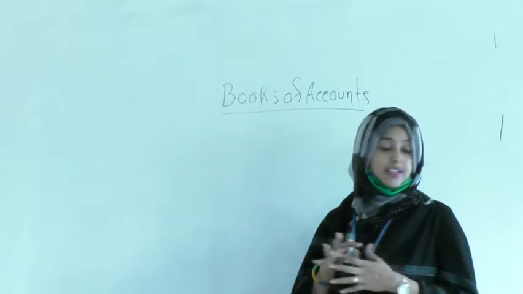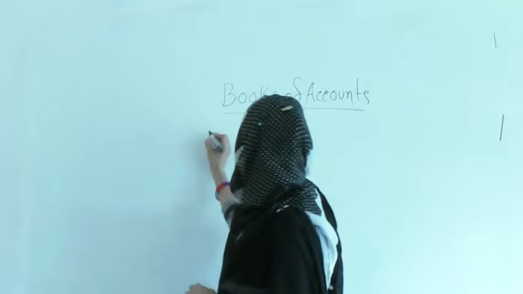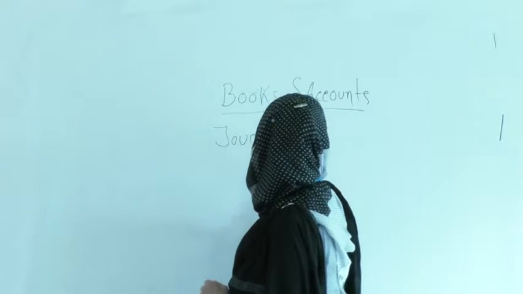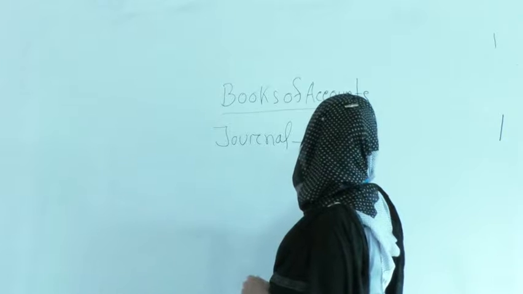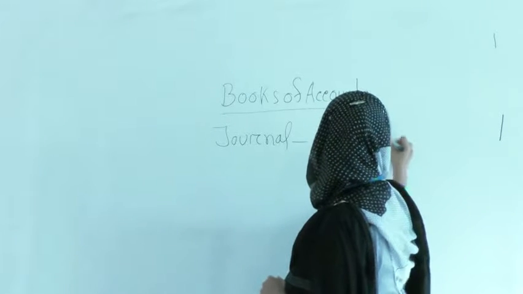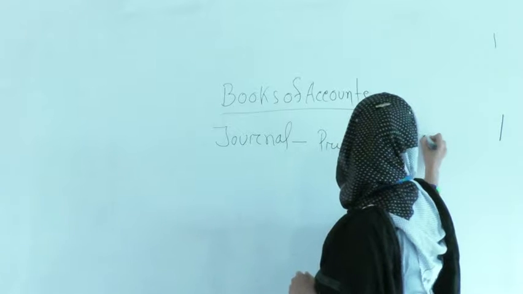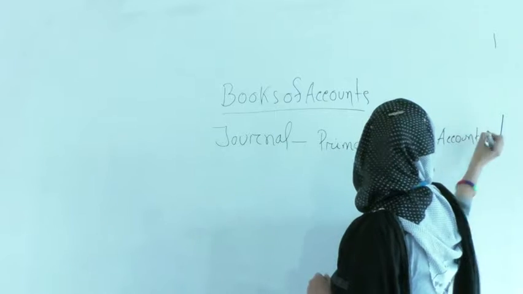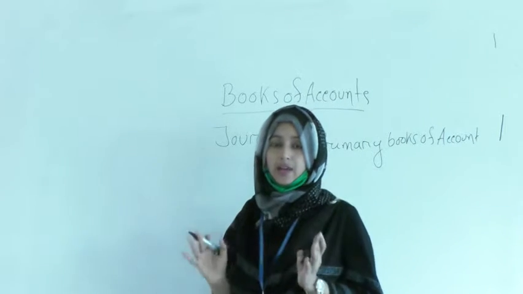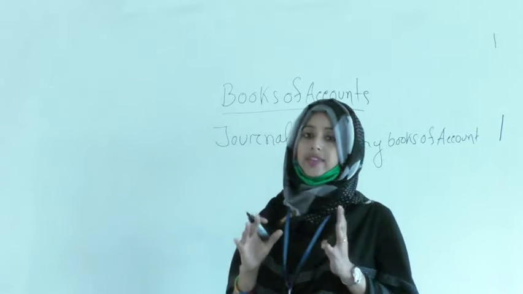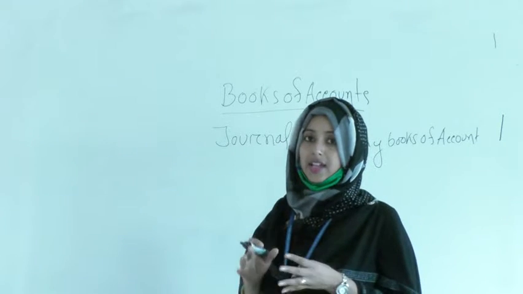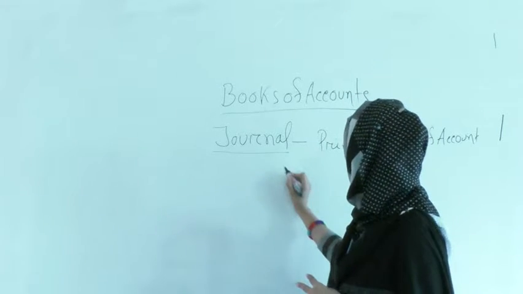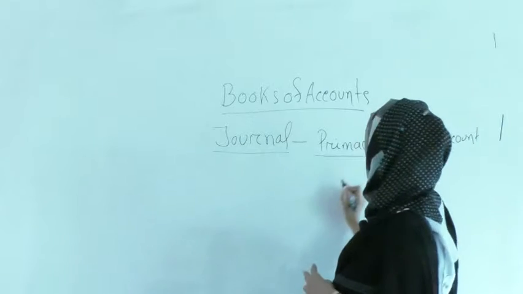That is, journal is called the primary books of accounts. At first, when the transaction happens, chronologically with the explanation and the date, we record the entries in the journal book. This is the primary books of accounts.